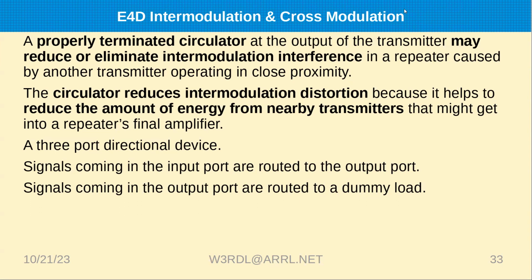From what I understand, these things typically have about 17 dB or so of signal rejection. And you can cascade them, so you can get 30-something dB by putting a couple of them together.